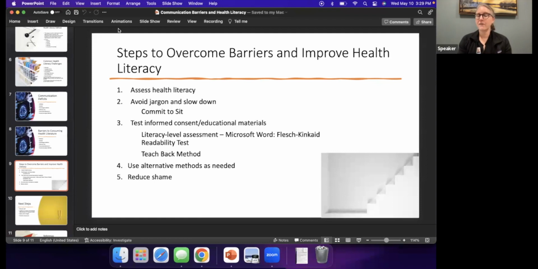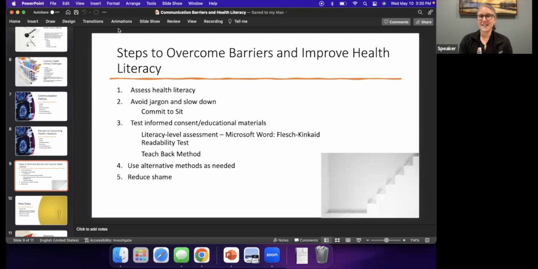And so our efforts to communicate with them and to provide health literacy at their level is important to us. We want to make sure that they understand us. And so we want to make sure that we are empowering patients to ask questions and to tell us when they don't understand something, and to ask for repetition when needed, and to tell us what works best for them as far as communication.